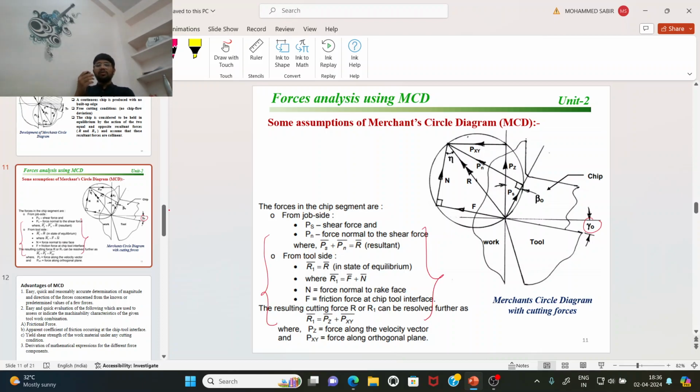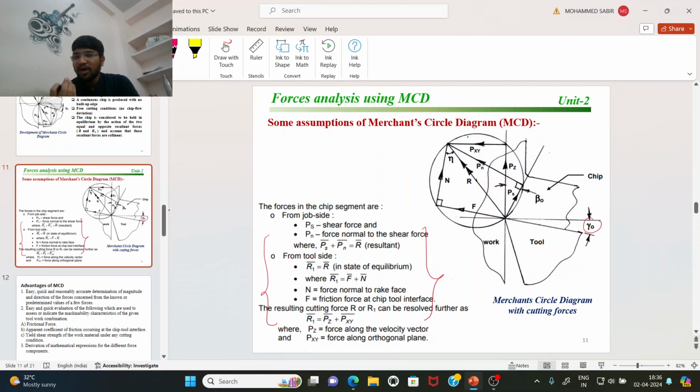And now we want to tell you something about the Merchant circle diagram. The Merchant circle diagram is used to find the angle eta, the friction force, normal force, and shear force.